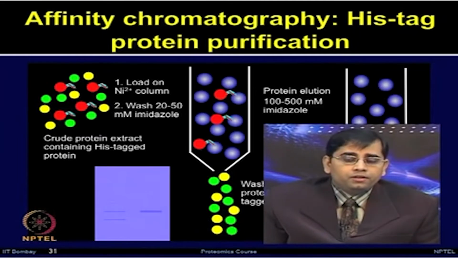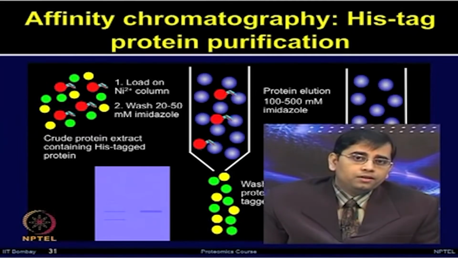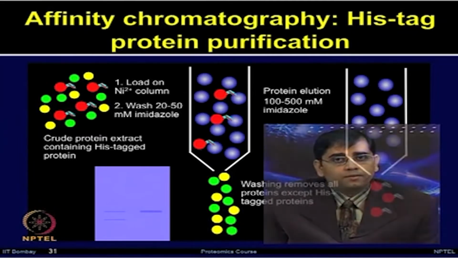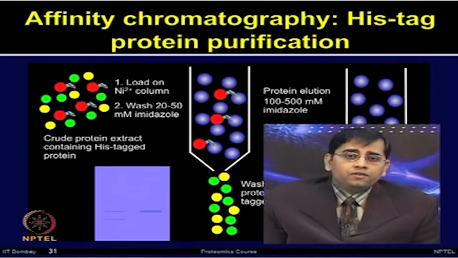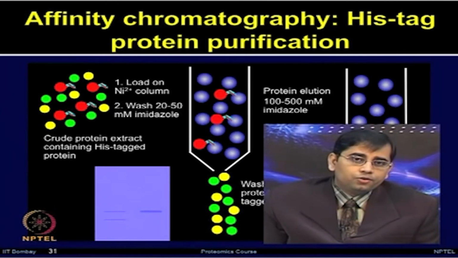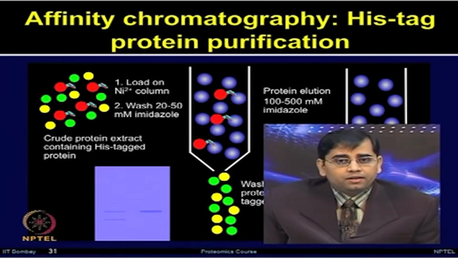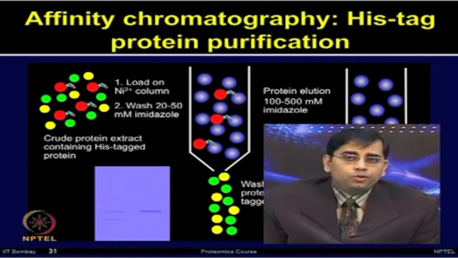After washing with mild imidazole, such as 20 to 50 millimolar, unbound residues will come out, but by increasing the concentration, such as 100 to 500 millimolar of imidazole, the proteins can be eluted out.